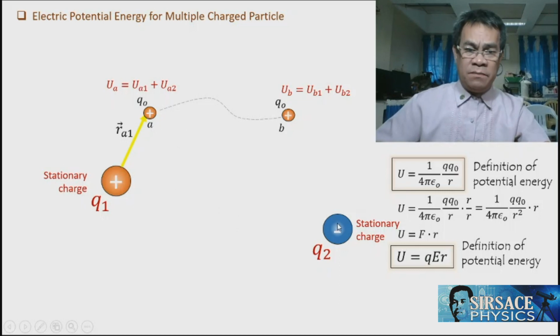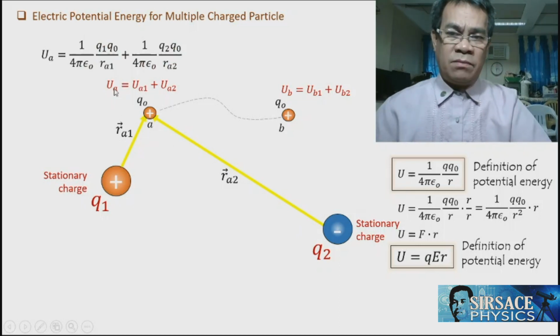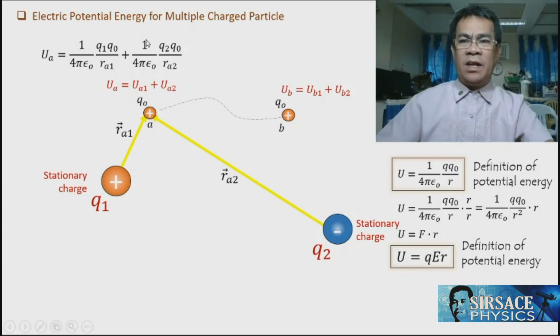And this one, we call the position of A away from charge 2. So therefore, we can now solve the energy at point A using the formula 1 over 4 pi permittivity, Q1, because this is charge 1, and this is Q naught because it is the moving charge, over R_A1. R_A1 again is the position of A away from charge 1.